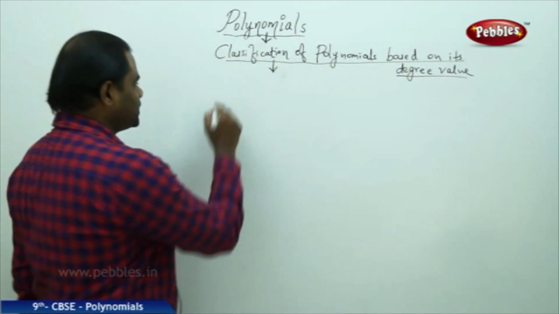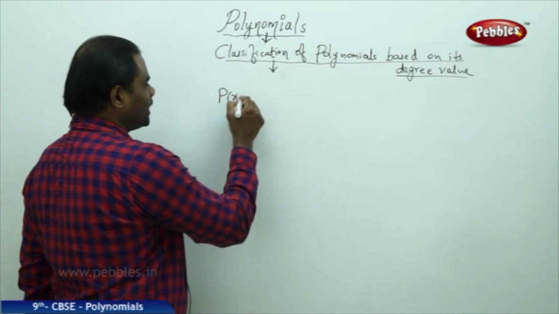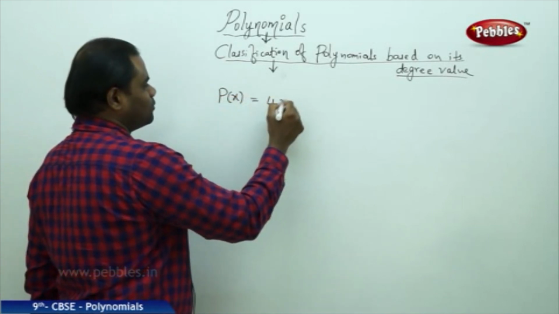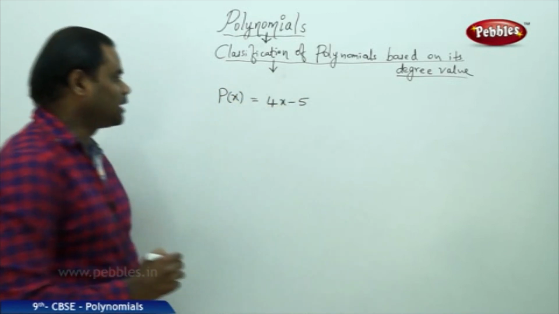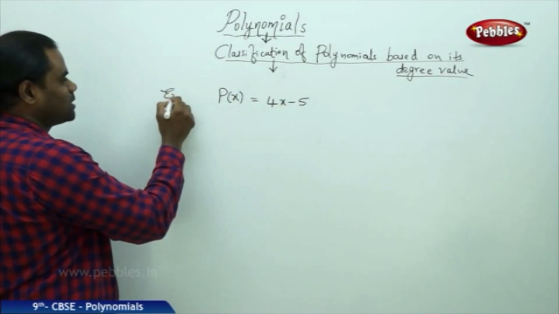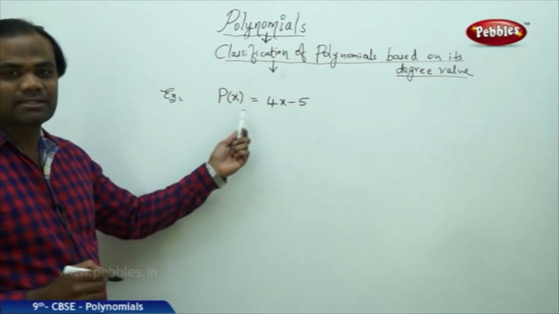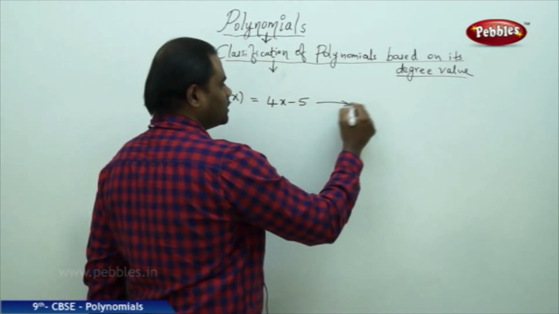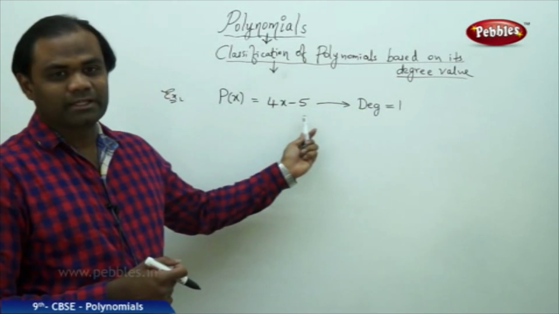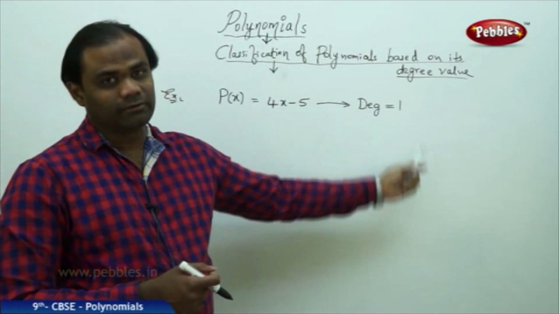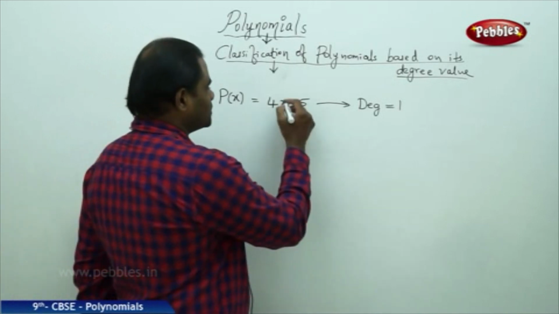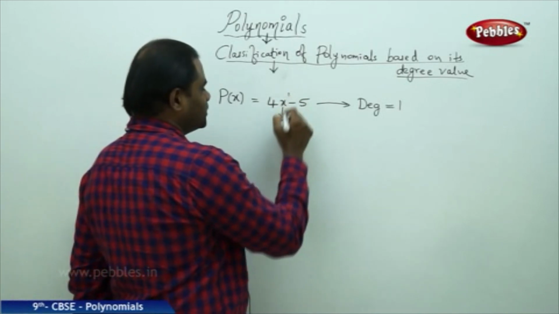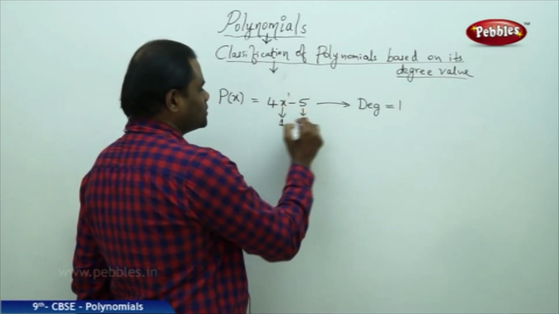For example, I take a polynomial p of x, which is 4x minus 5. Then I clearly see that with this example problem, p of x equals 4x minus 5, the degree is equal to 1, because the highest power of x here is 1, and for the constant it is 0.